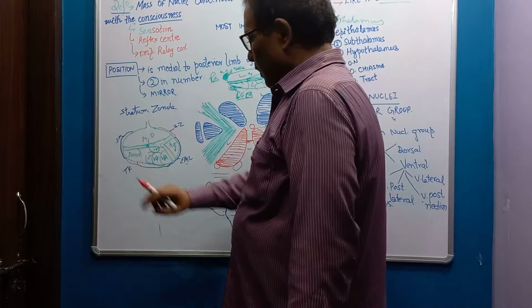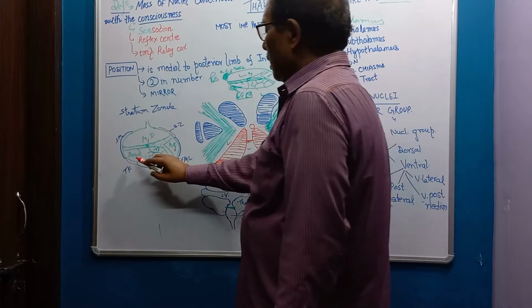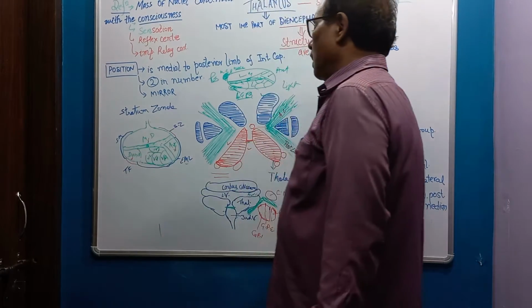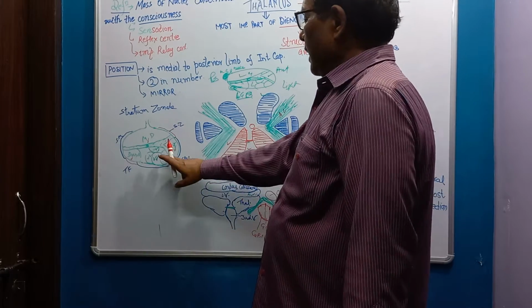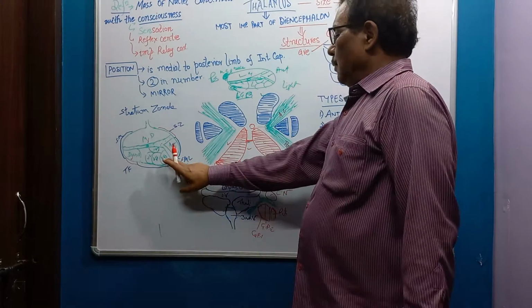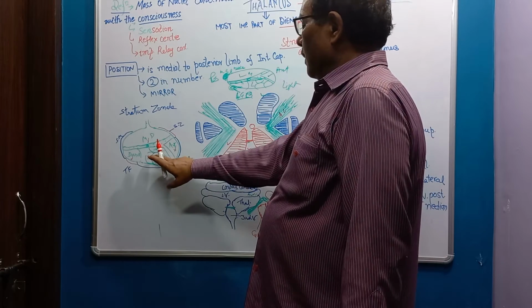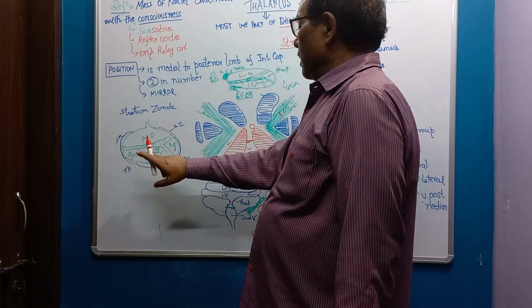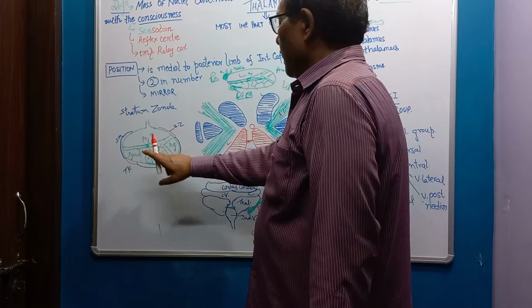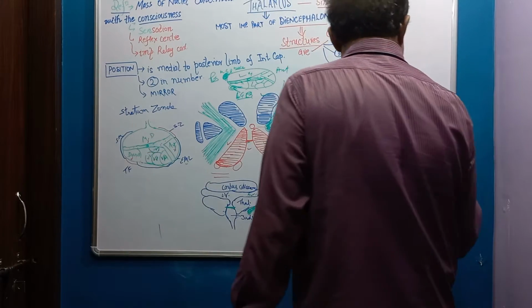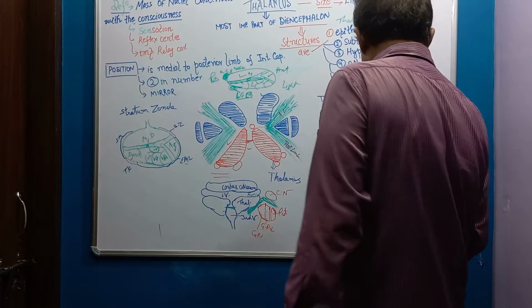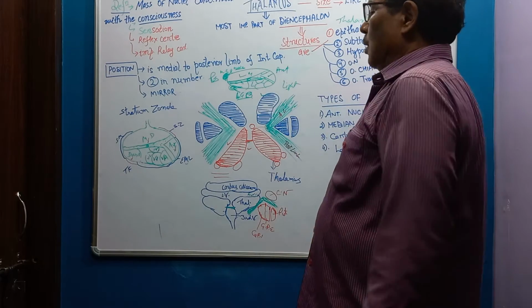The dorsal part is known as the pulvinar group of nuclei. The lateral group is divided into ventro-anterior, ventro-lateral, ventro-posterior lateral, and ventro-posterior medial nuclei.